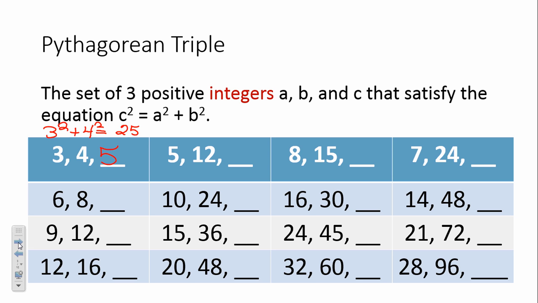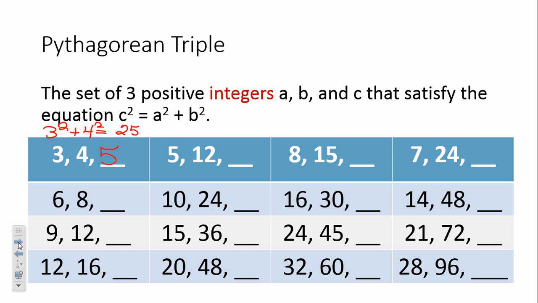Okay? All right? So Skylar, plug this into your calculator. Find out what 5 squared plus 12 squared is for me. Con, would you plug in 8 squared and 15 squared for me?